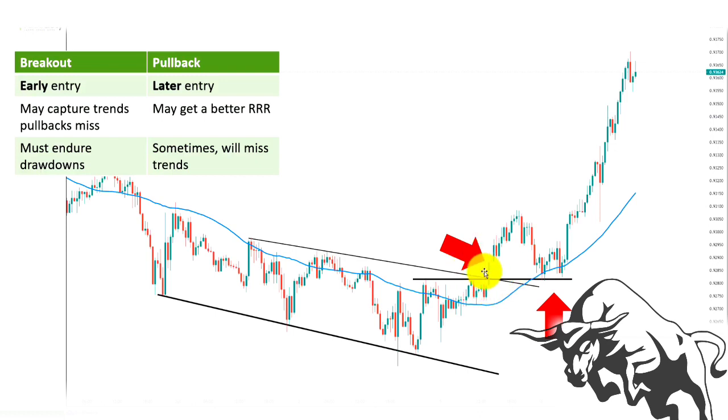So as a breakout trader, you will often see an early success, so you have some unrealized profits. Then the market may go against you to perform a pullback trend wave, which is very common in the markets.